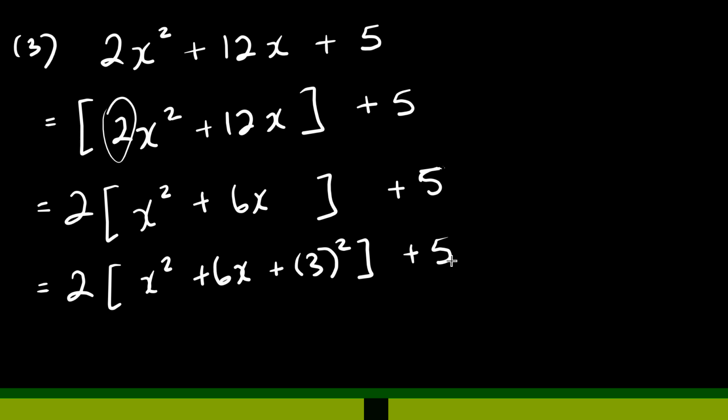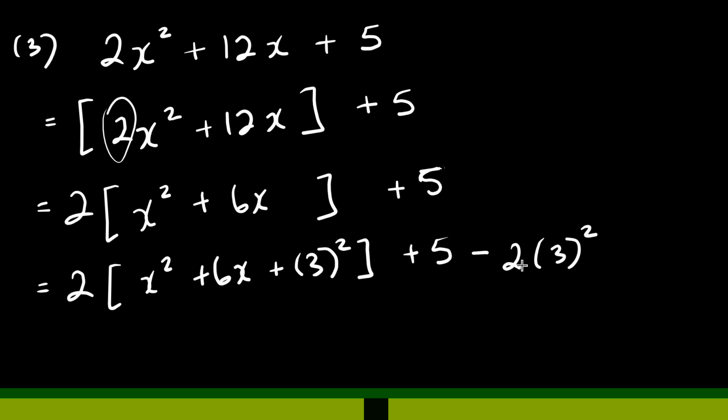We added that 3 squared in the bracket, and you'd be tempted to say, so I'm going to subtract 3 squared. And I would say, right idea, wrong execution, because that 3 squared in the bracket is multiplied by 2. Anything you add to this bracket is multiplied by 2. So if you're balancing and you're subtracting, you must multiply by 2 to ensure that you have not changed the value of the expression.